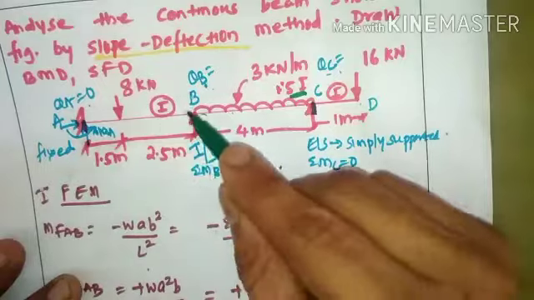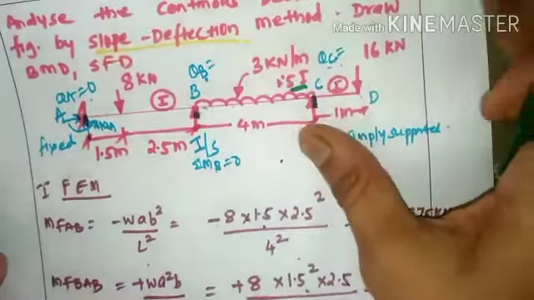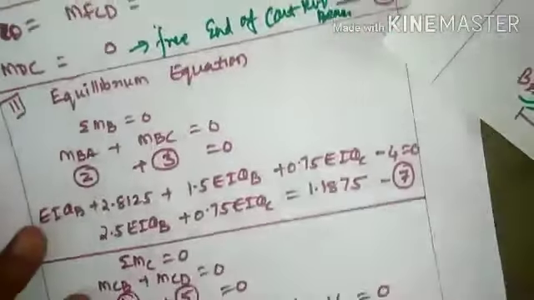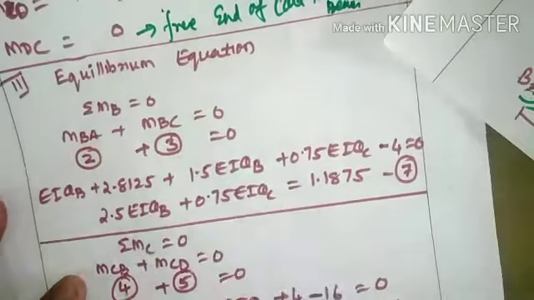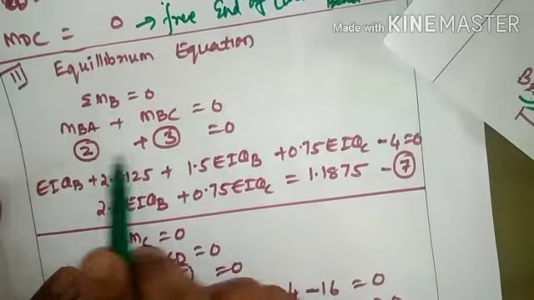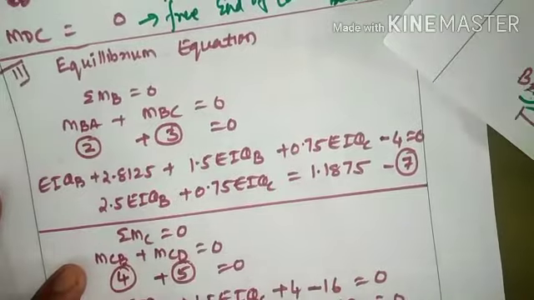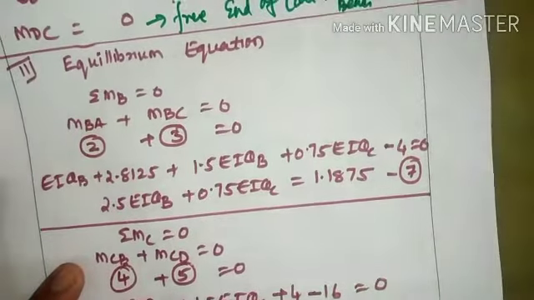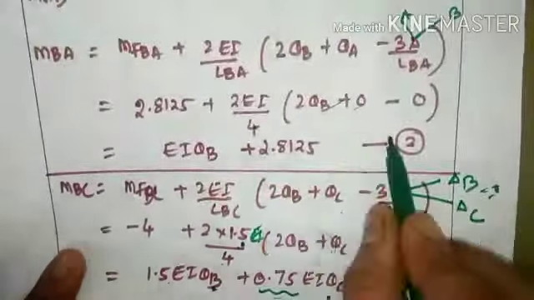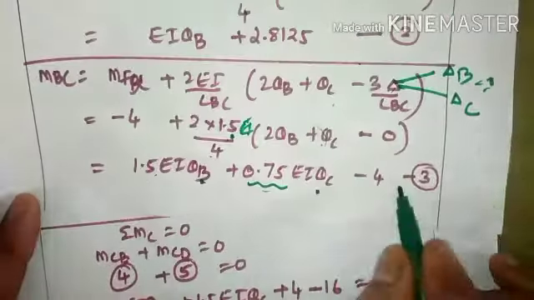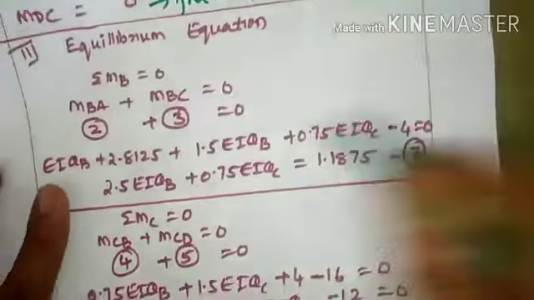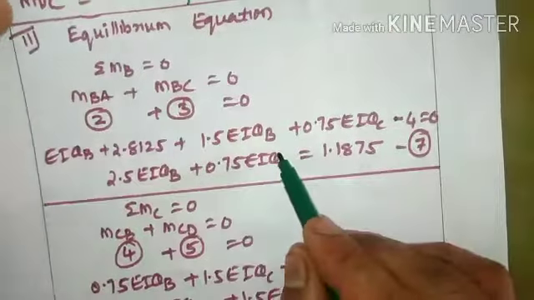At B, BA and BC will be the members connected. So at B, MBA plus MBC is equal to 0, which will be equation 2 plus equation 3 equal to 0. If we look back at equation 2, here it is. MBA is equation 2, MBC is equation 3. Both adding together, it will be summation MB is equal to 0.